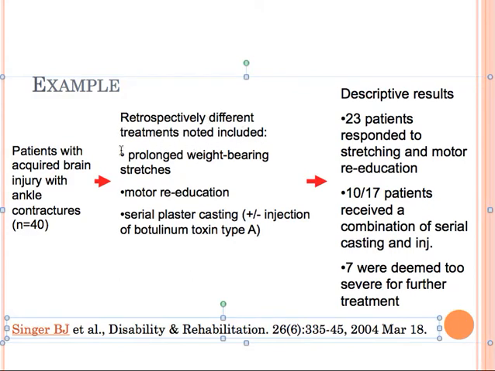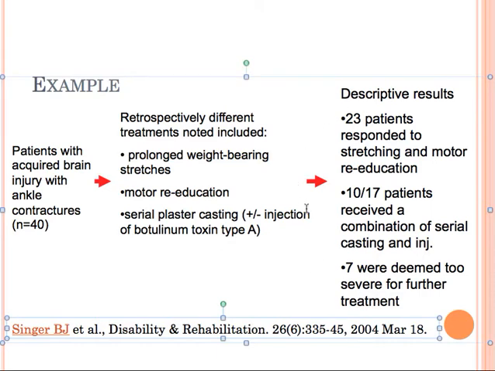The treatments were prolonged weight-bearing stretches, motor re-education, serial casting with botulinum toxin injections. They described that 23 patients responded to stretching and motor re-education, 10 of 17 patients received a combination of serial casting and injection, and 7 were deemed too severe for further treatment.